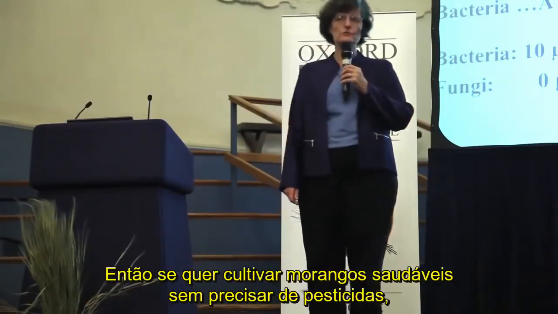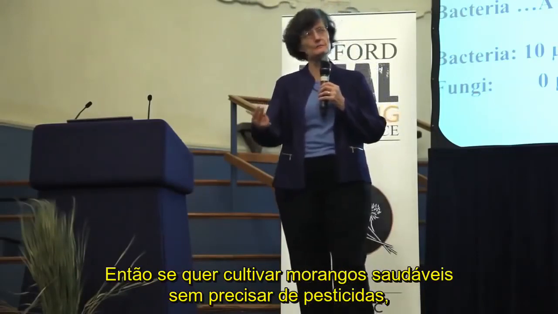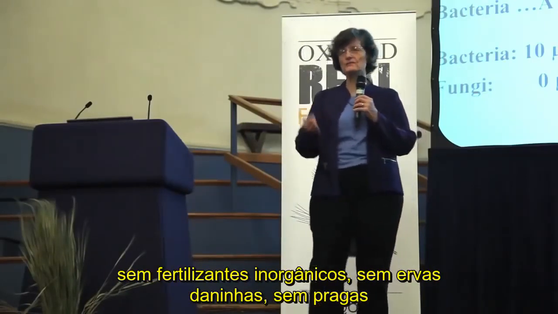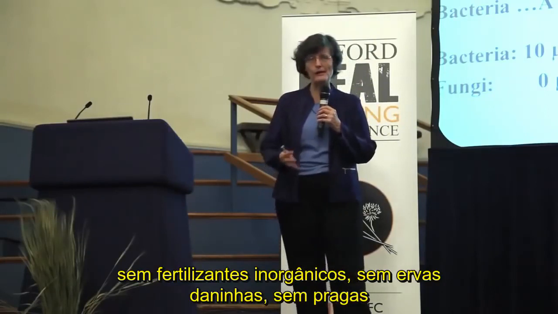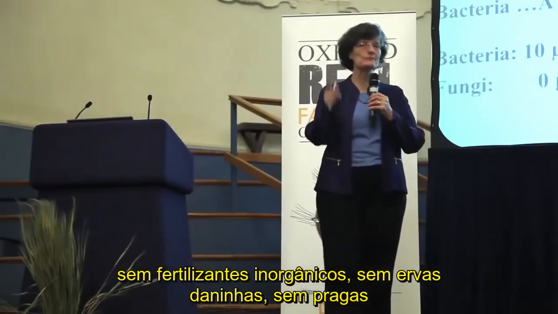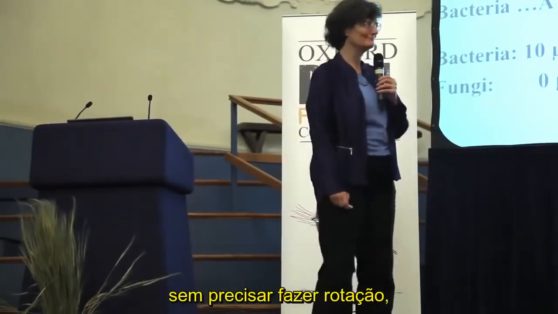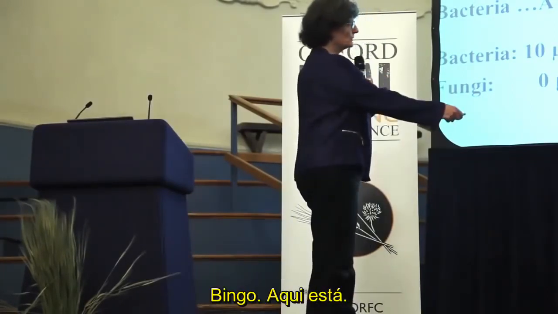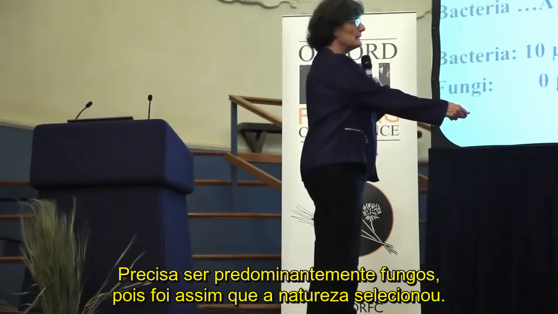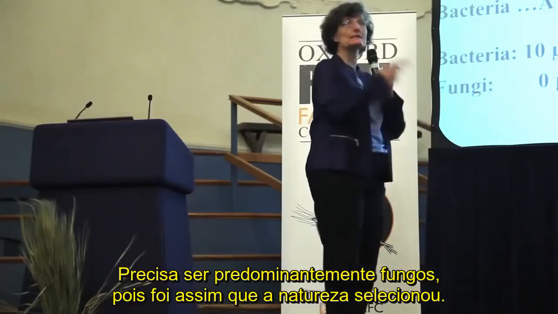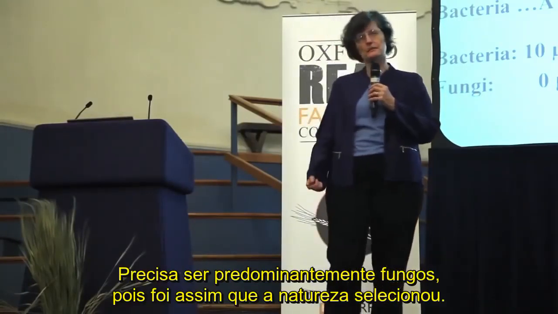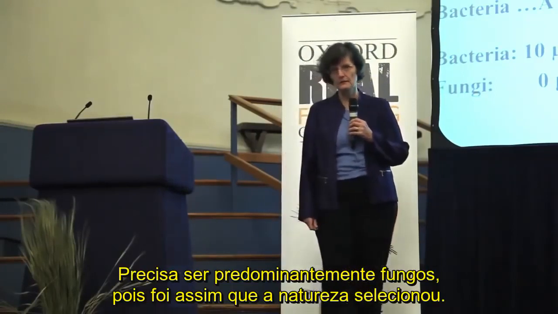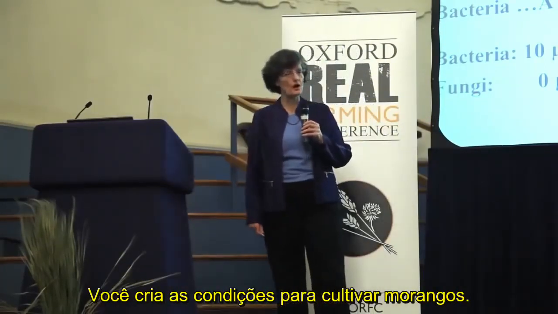So if you're trying to grow strawberries that are healthy, that don't need pesticides, don't need inorganic fertilizers, weeds are not going to be growing, no pests, no problems, no need to do rotation, what is that ratio of fungi to bacteria? Bingo, right here. It needs to be fungal dominated because that's how nature has selected for that plant. You set the stage to grow strawberries.